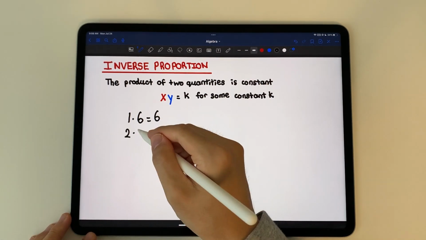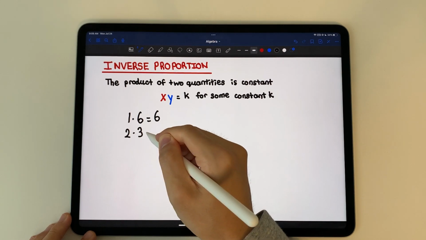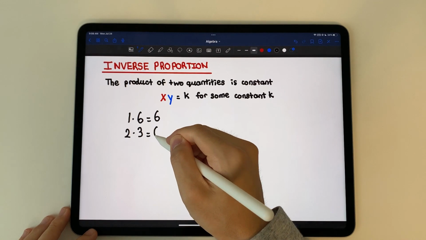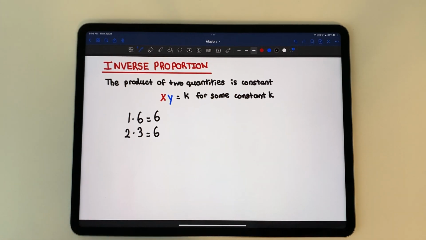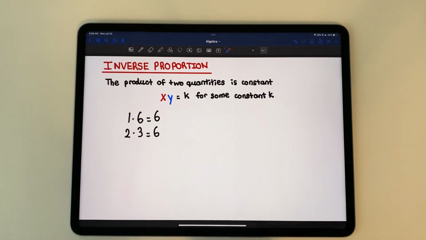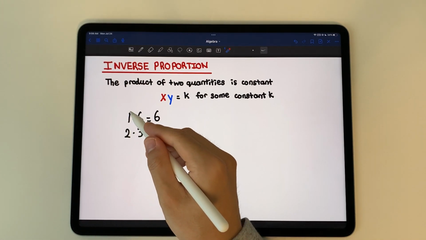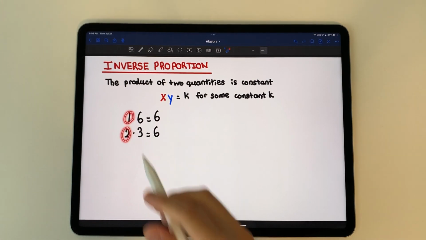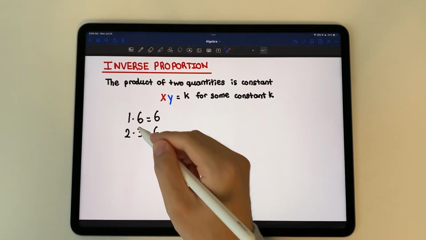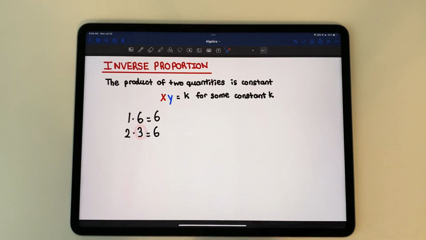Then the 6 has to change to a 3 to keep 2 times 3 equal to 6. And notice how in inverse proportion, unlike direct proportion, when we increase one variable, so for instance, when this 1 increased to a 2, then this 6 actually decreased to a 3.